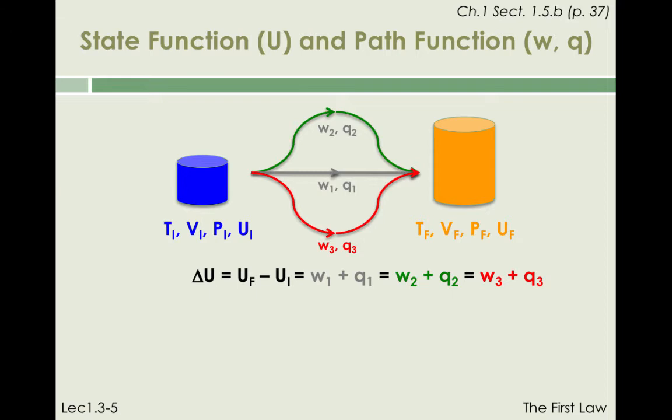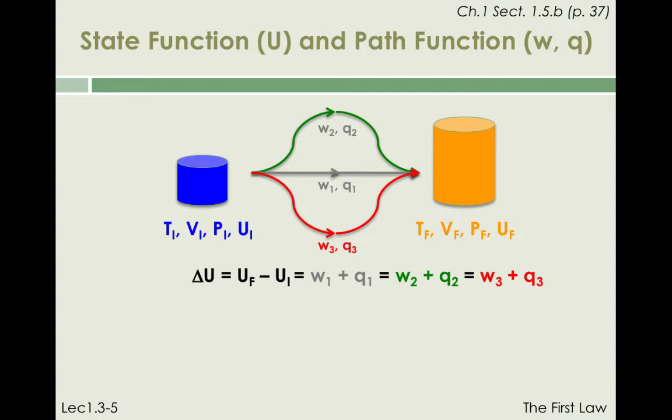It is equal to the difference U_F minus U_I, the energy in the final state minus the energy in the initial state. We can write that delta U equals U_F minus U_I equals W1 plus Q1 for the first path, equals W2 plus Q2 for the second path, equals W3 plus Q3 for the third path.